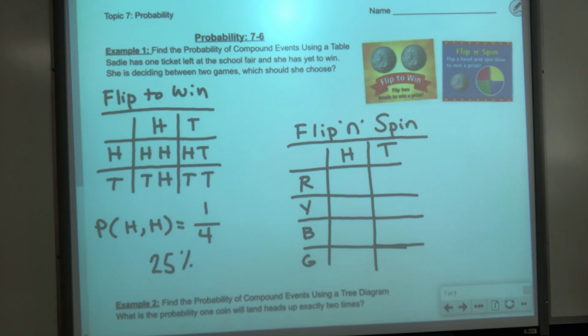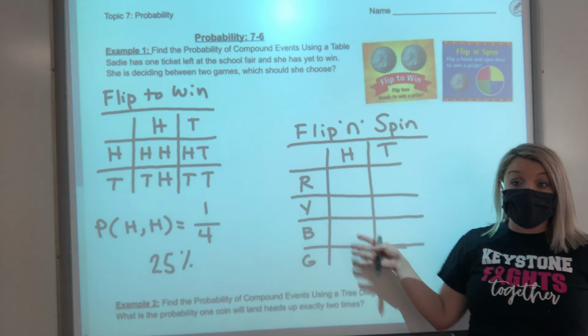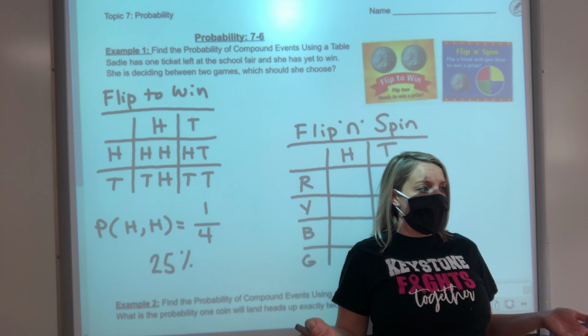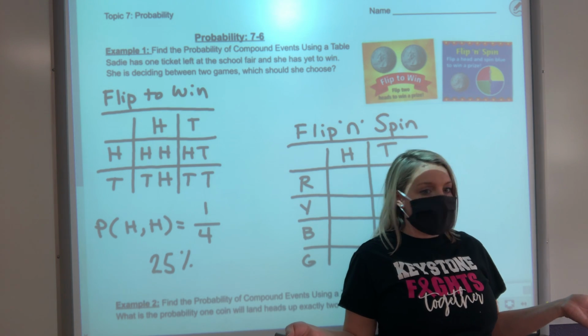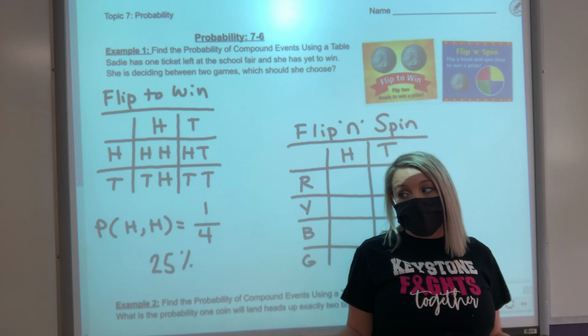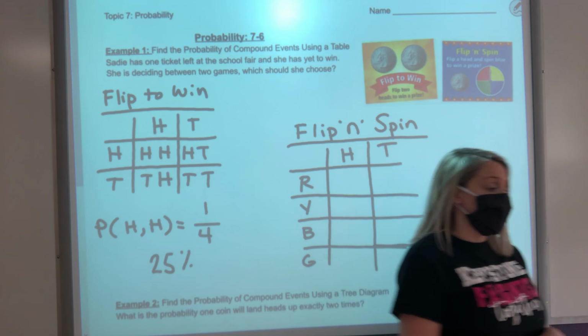Because flip and spin has more outcomes than flip to win. Okay, so that means our number of outcomes is greater, so our chances to win are probably going to be low.